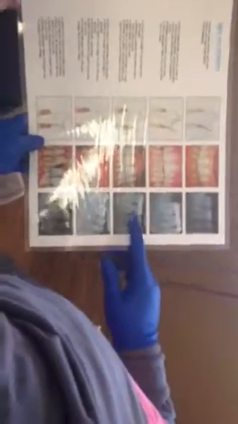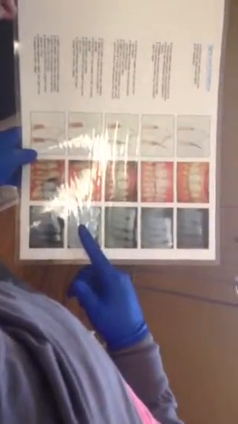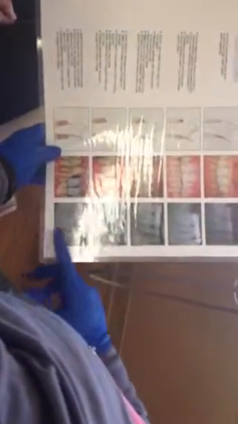So as you see down the progression here, we start losing bone support along with the deeper pockets that you'll see. So we get horizontal bone loss, then here we'll start seeing vertical bone loss. Down here we start seeing almost 50% of your bone has been lost and your tooth can become mobile.